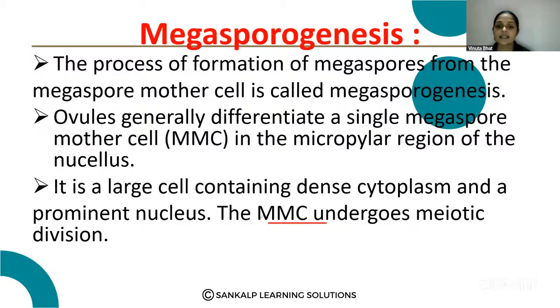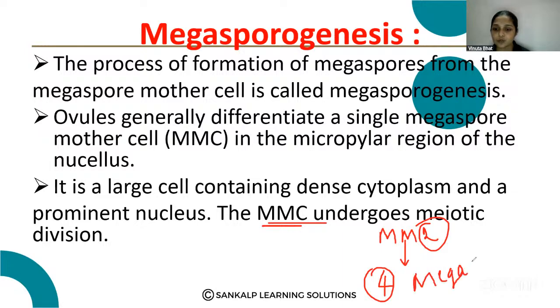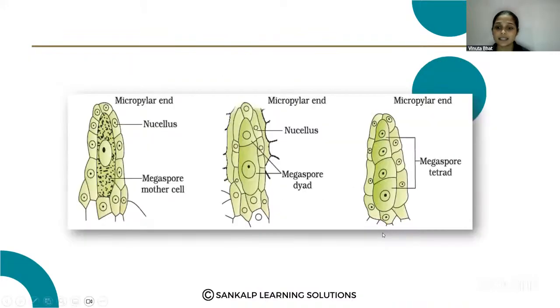The megaspore mother cell is diploid, and it undergoes meiosis and forms 4 megaspores. Same as microspores, megaspores are produced, but out of 4, 3 degenerate and only one becomes functional.